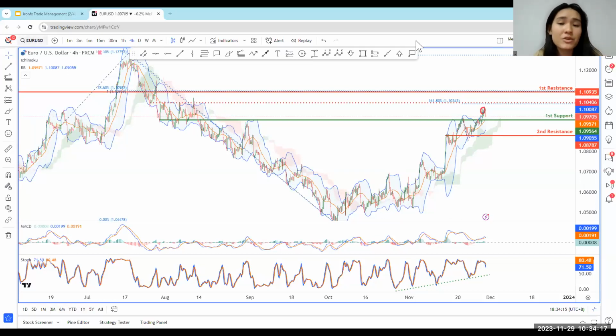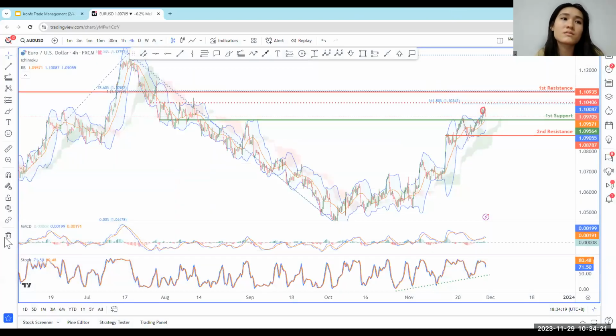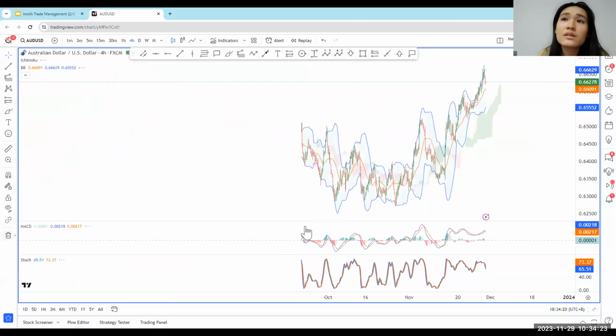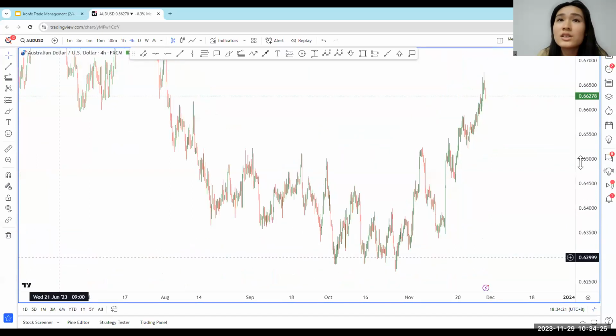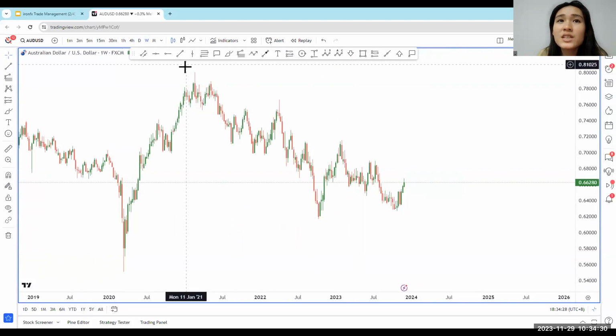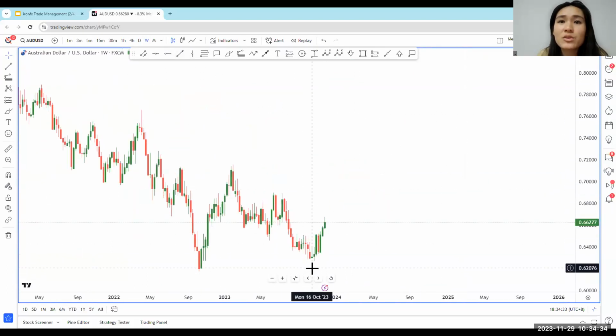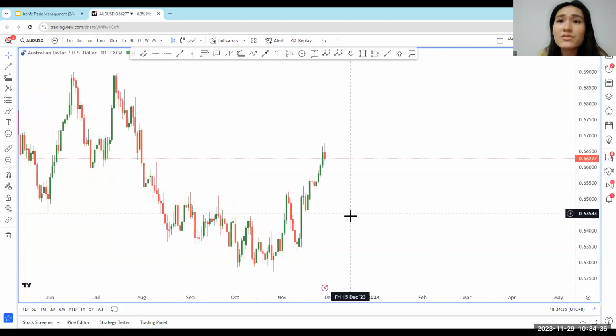Okay, we have a request for AUD. The Aussie dollar on a weekly time frame shows a downtrend, but in recent times it looks like it's been going up. Let's look at our daily time frame.